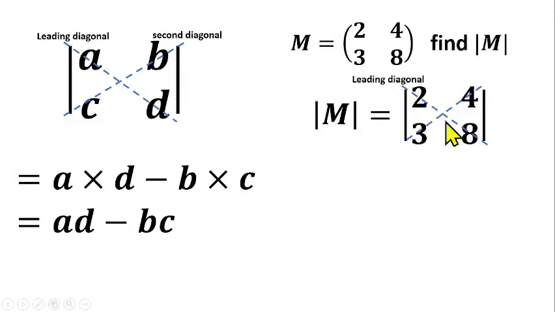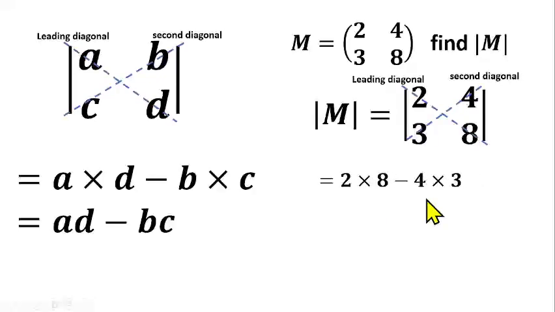So this is the leading diagonal and this is the second diagonal. So 2 times 8 gives us 16, minus 4 times 3, which is 12, and that gives us 4. So the determinant of this matrix M is 4.